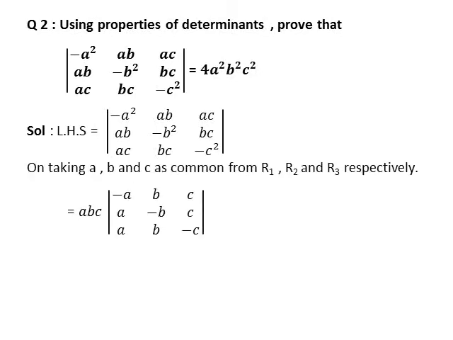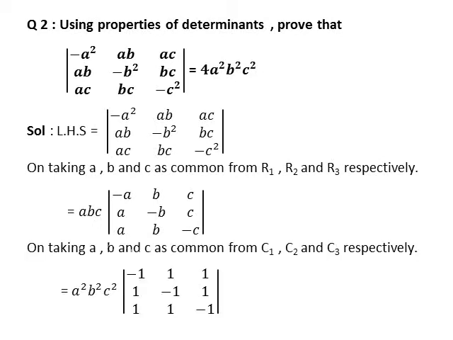In next step, write abc outside determinant, and inside determinant we are left with elements of R1 minus a, b and c, elements of R2 a, minus b and c, elements of R3 a, b and minus c. In next step we observe that a, b and c are common from C1, C2 and C3 respectively. So take it as common.